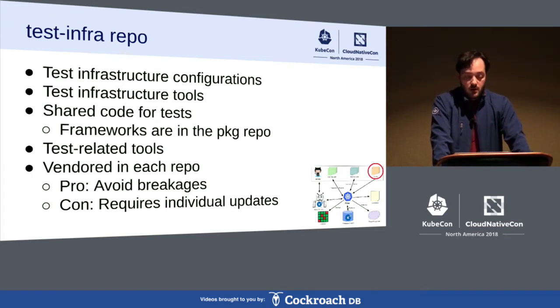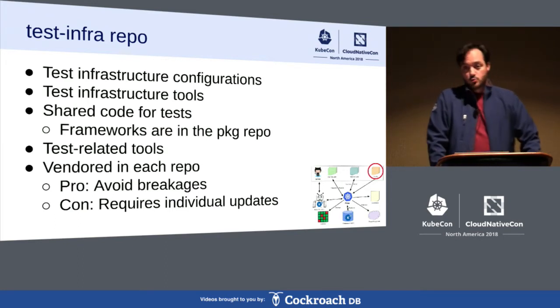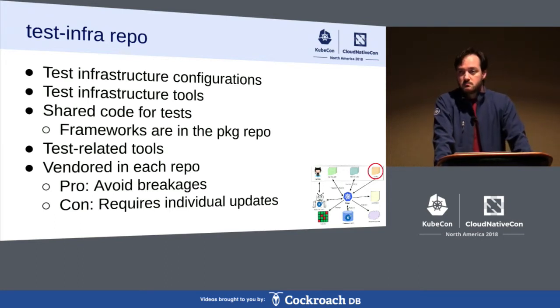In this repo, we also maintain test-related tools that are kind of invisible to whatever repo is using our processes and tools. And this repo is vendored in each Knative repo.